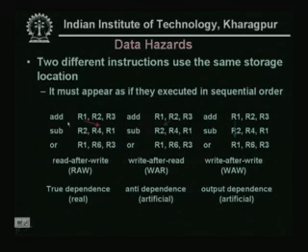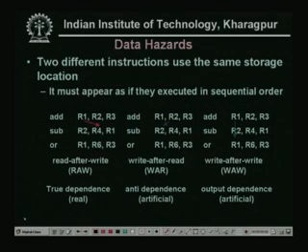So, see, this is one type of case. This is add R1, R2, R3, so the register values are added. The next instruction is subtract R2, R4, R1.